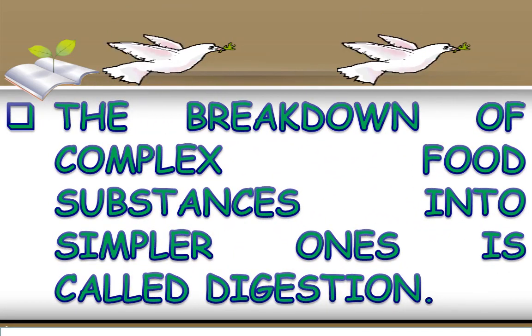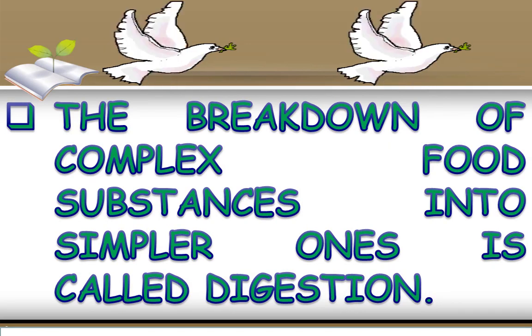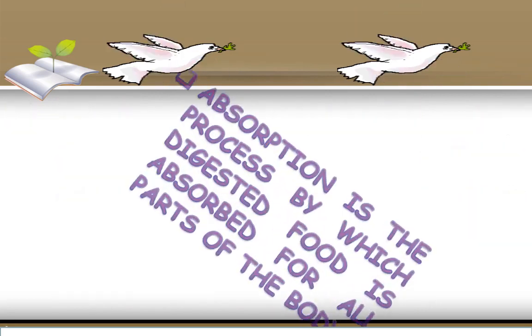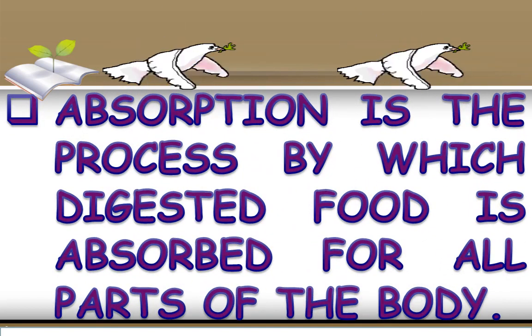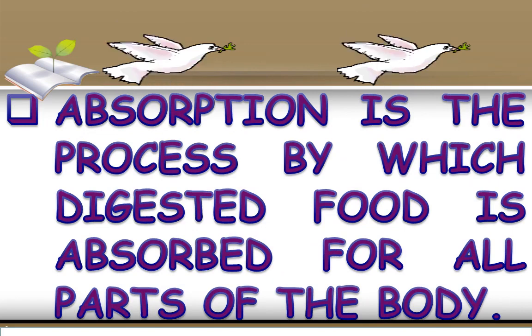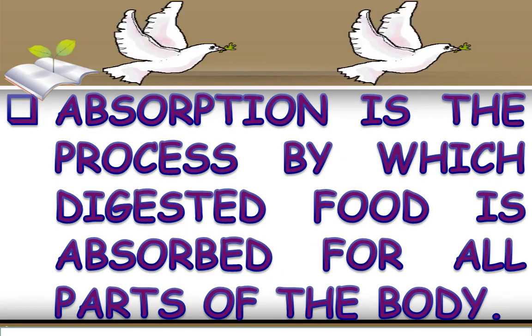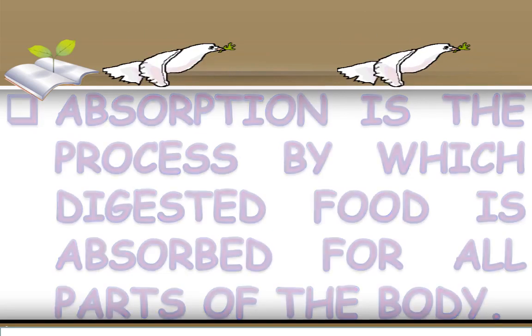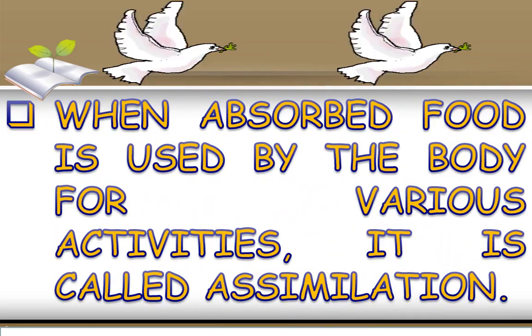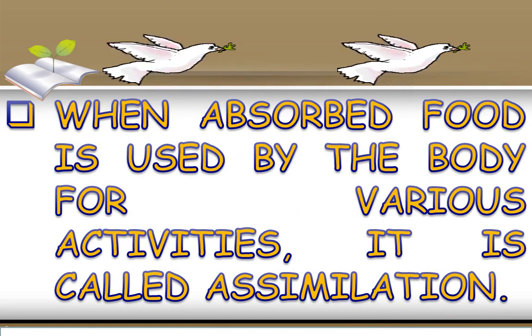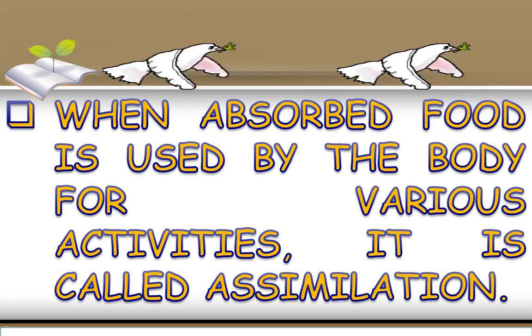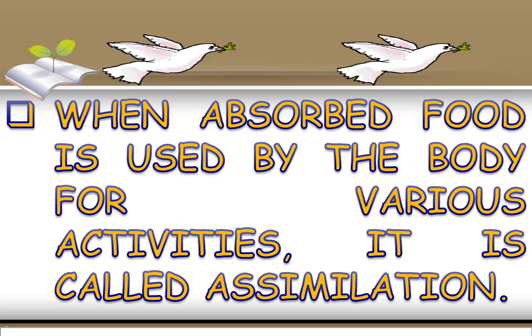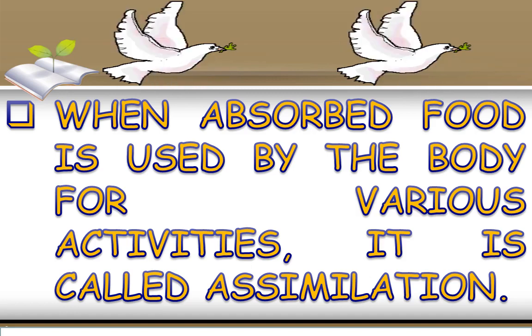The breakdown of complex food substances into simpler ones is called digestion. Absorption is the process by which digested food is absorbed for all parts of the body. When absorbed food is used by the body for various activities, it is called assimilation.